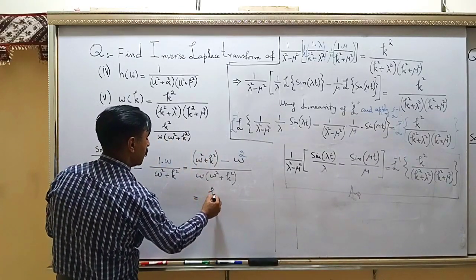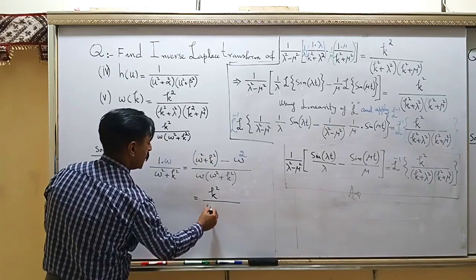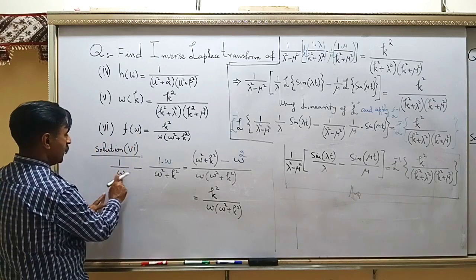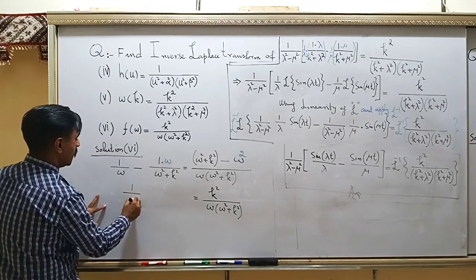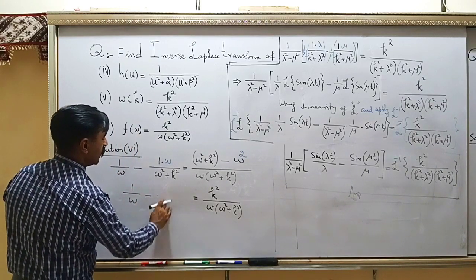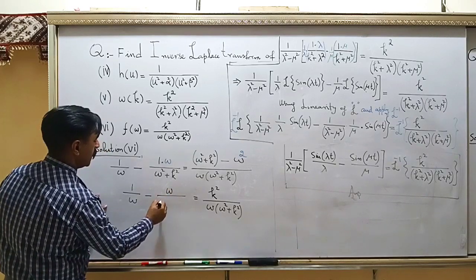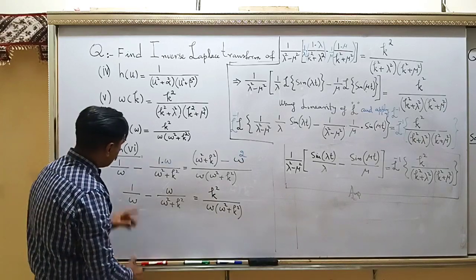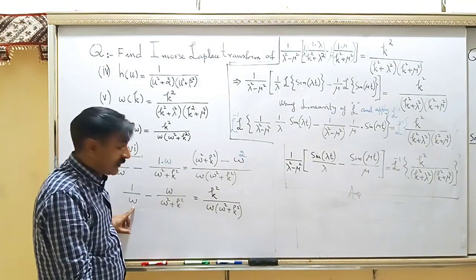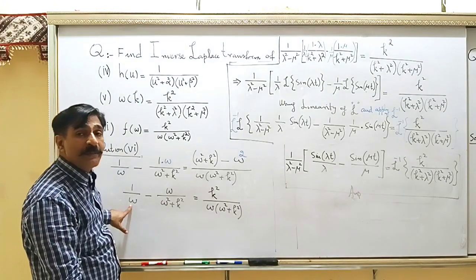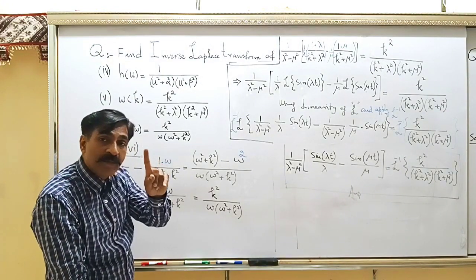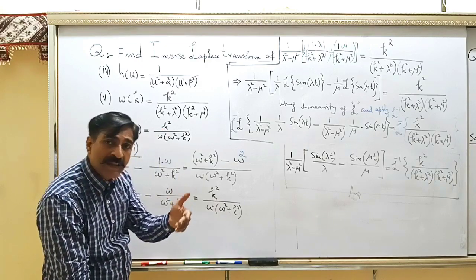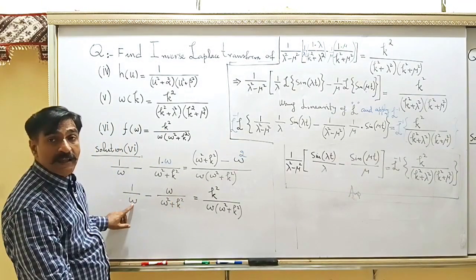This is k square over omega into omega square plus k square, and this is 1 over omega minus omega over omega square plus k square. Now look, this is like 1 over s, and this is the Laplace transform of 1, because Laplace transform of 1 is 1 over s, and in place of the variable s, you have the variable omega now.